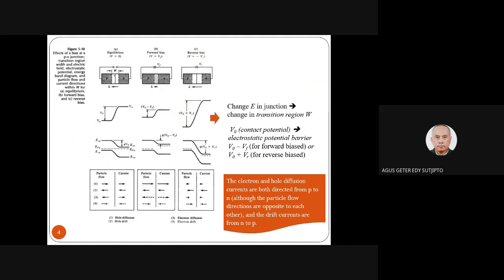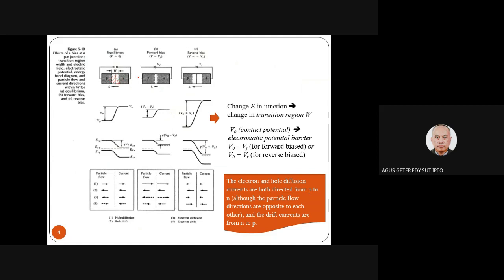So this is the depletion region in equilibrium, formed because of the diffusion of holes from the P region to the N region, as well as the diffusion of electrons from the N region to the P region.